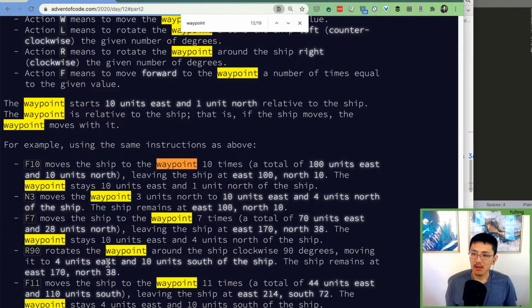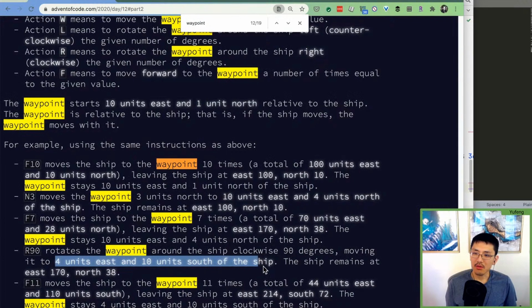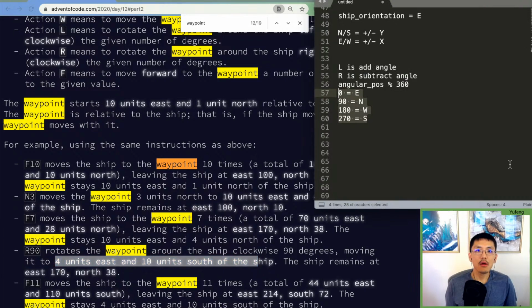Rotate to 4 units east, 10 units south. 10 units east, 4 units south. Okay, I got something mixed up in here. Moves the waypoint 3 units north to 10 units east and 4 units south.